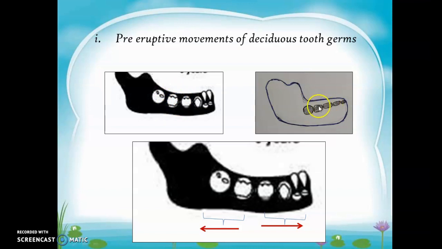This crowding is alleviated by the growth of the jaw. As the jaw grows, the posterior tooth germs, that is the primary molar tooth germs, move posteriorly and the anterior tooth germs, that is the incisor and canine tooth germs, move anteriorly, marking the pre-eruptive movements of deciduous tooth germs.